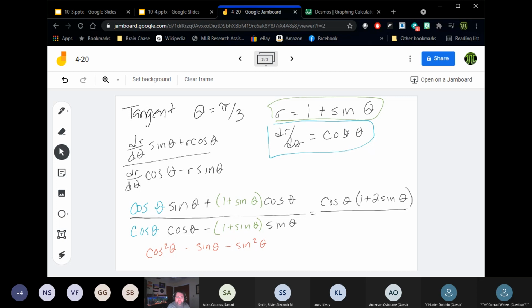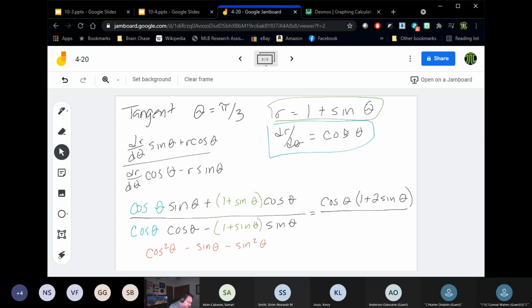All right, so hold on a second. I'm just trying to figure out how they actually did this. They lost a cosine here somewhere. Oh, I see.